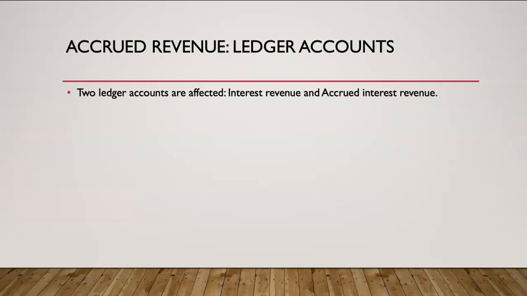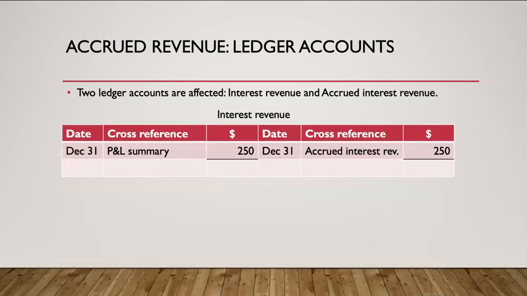So how will our ledger accounts look? We have two that are impacted. Our interest revenue, remember we recorded interest revenue going up by $250 in our first part of this adjustment, and that was a credit, our right-hand side. We have closed this off as well to make sure our debits equal credits, and that's the debit side of this transaction with the cross-reference profit and loss summary.